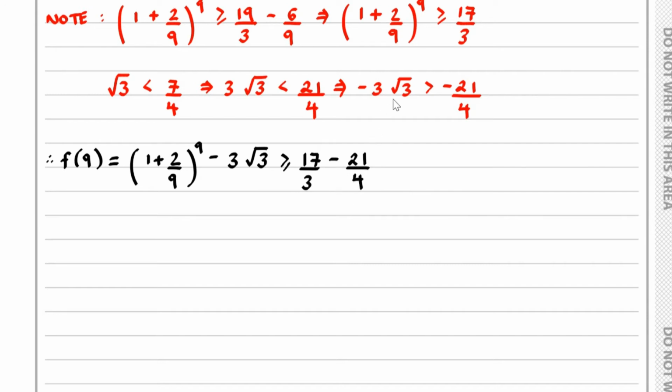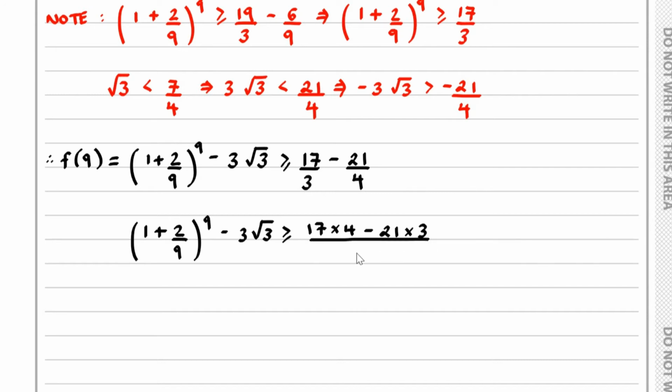Well, if we try to simplify this, well, we've got 1 plus 2 over 9 to the 9 subtract 3 root 3. This will be greater or equal than 17 multiplied by 4 subtract 21 times by 3 divided by 12.